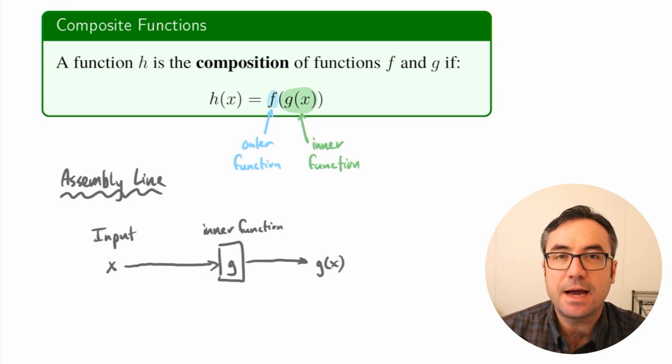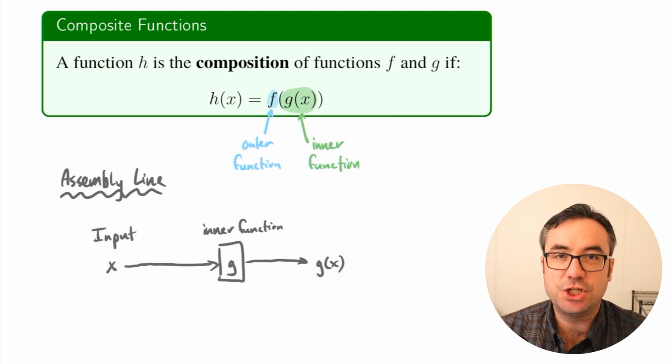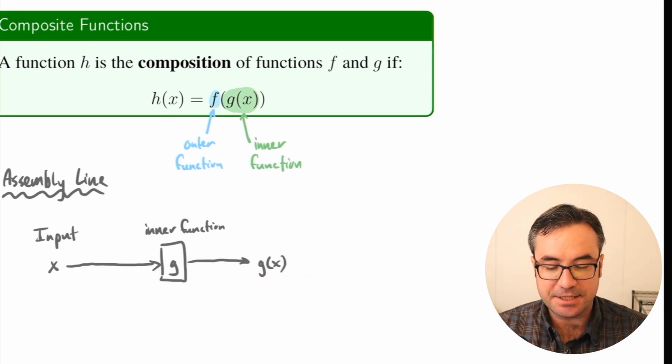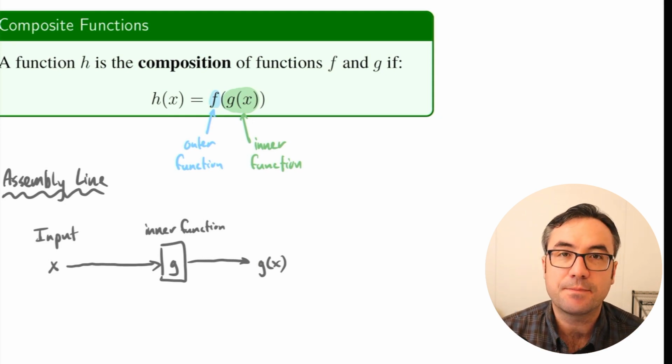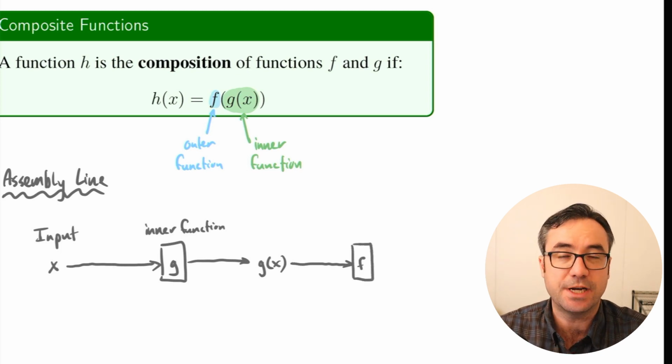And then the idea behind a composition is that this g of x works its way down the assembly line and gets plugged into our outer function. It goes into function f.